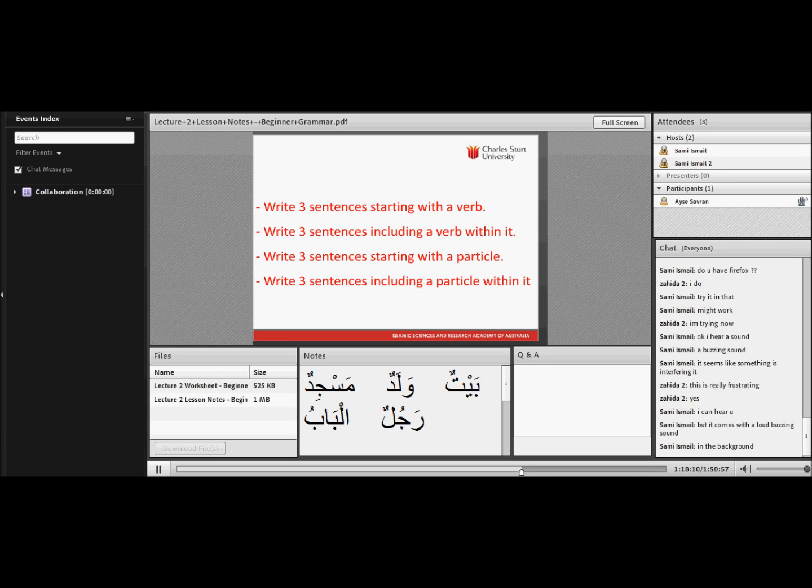What is the command for akala? Akala is fi'l madi. Ya'kulu is fi'l mudari. What is the command for akala? Oh, for akala, yeah, as I said, it's kul. Okay.